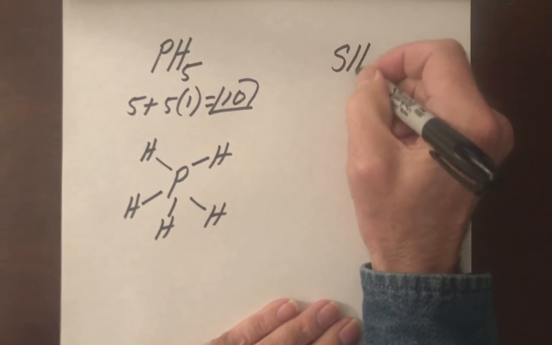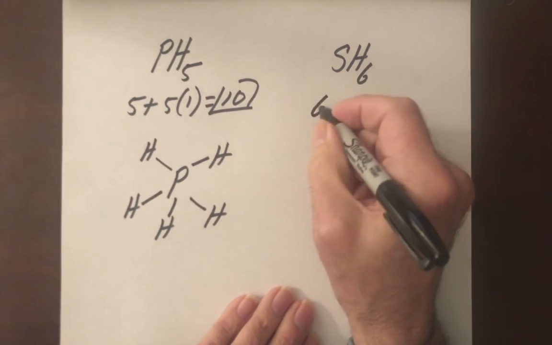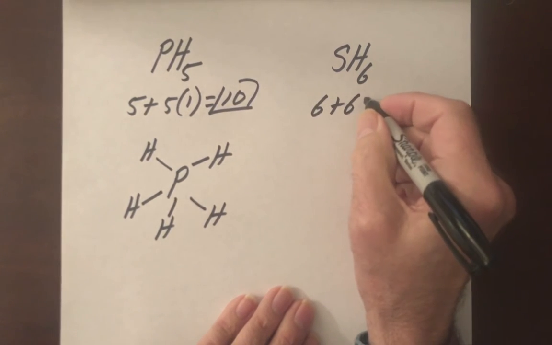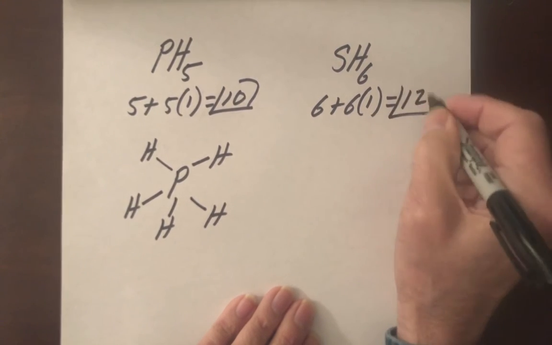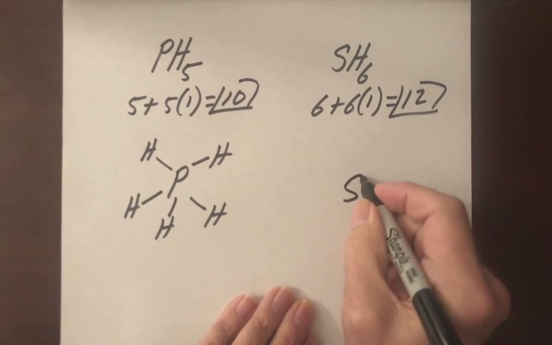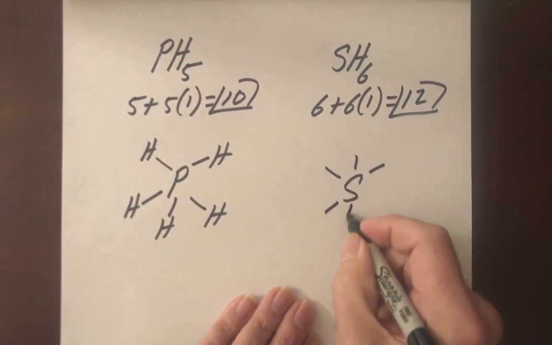Let's look at sulfur hexahydride. So we have 12 electrons, and for it, we'll have 6 bonds on the sulfur.